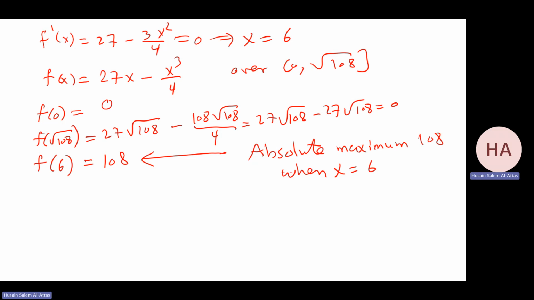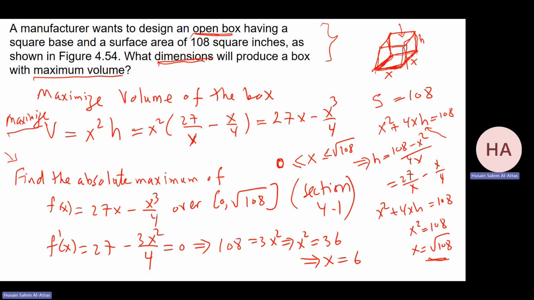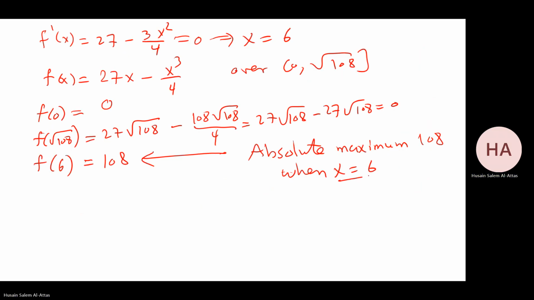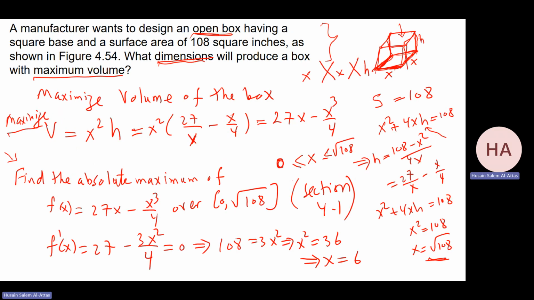What do they want? They want the dimensions that will produce a box with maximum volume. What are the dimensions of this box? It will be x times x times h. So I need x, x, h. Okay, I know x. How can I get h? I will use this formula to get h.